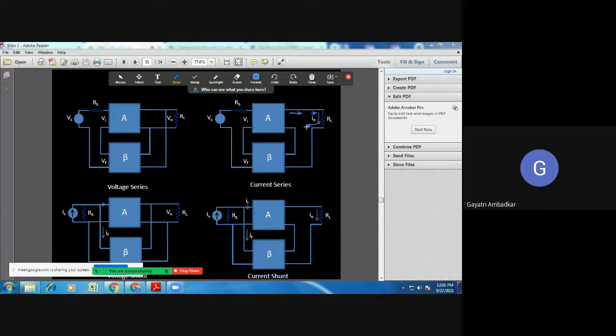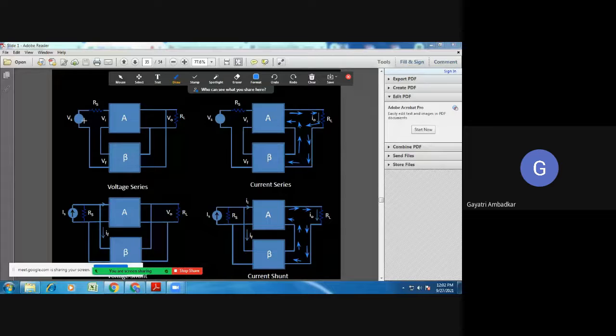So see, this is the series connection. So this series connection is established here. So current sampling and voltage sampling.